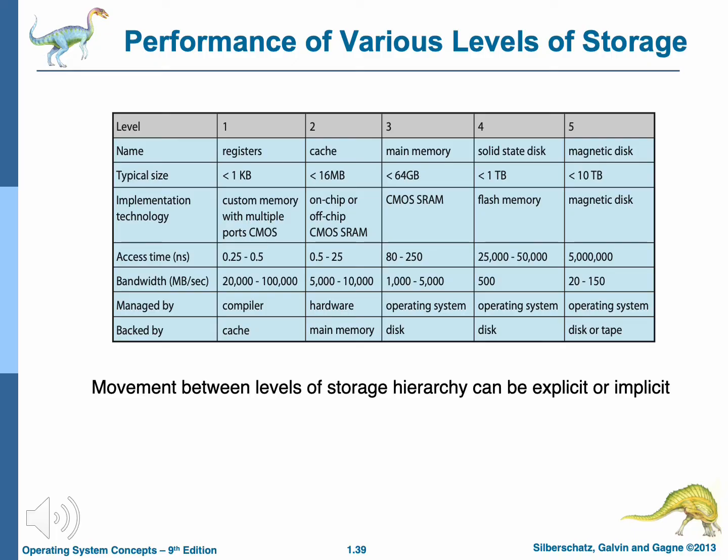In addition, internal programmable registers such as index registers provide a high-speed cache for main memory. The programmer or compiler implements the register allocation and register replacement algorithms to decide which information to keep in registers and which to keep in main memory. Other caches are implemented totally in hardware.